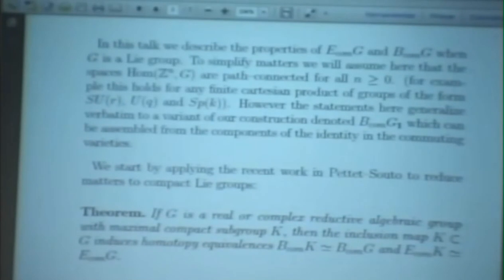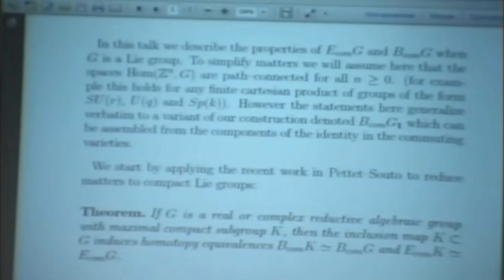At my instigation, they wrote a paper that is going to appear in Geometry and Topology, where they prove that, in fact, the commuting k-tuples for a real or complex reductive algebraic group have the same homotopy type as that of a maximal compact subgroup. And that's a complicated result because you have to be looking at commuting matrices and doing this all simultaneously. So it's rather an effort.